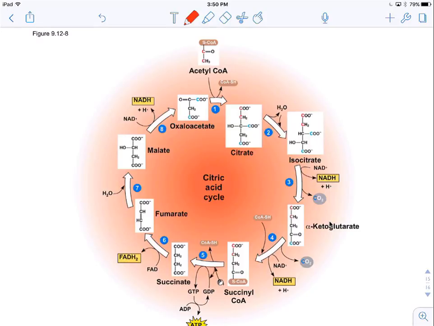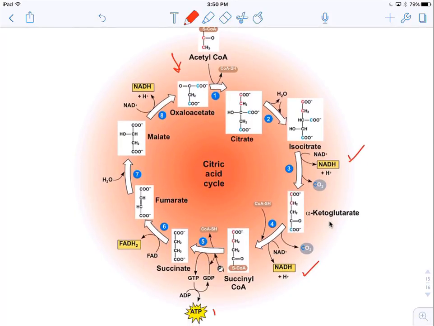But you do need to be able to basically follow the flow around the cycle. You need to know that it is a cycle. So the first thing we use is the last thing that's generated. And you need to know what steps involve our energy. So up a little bit, there, and there, and there.